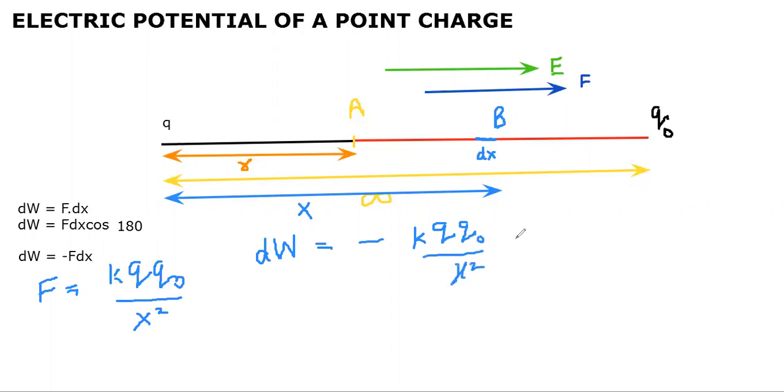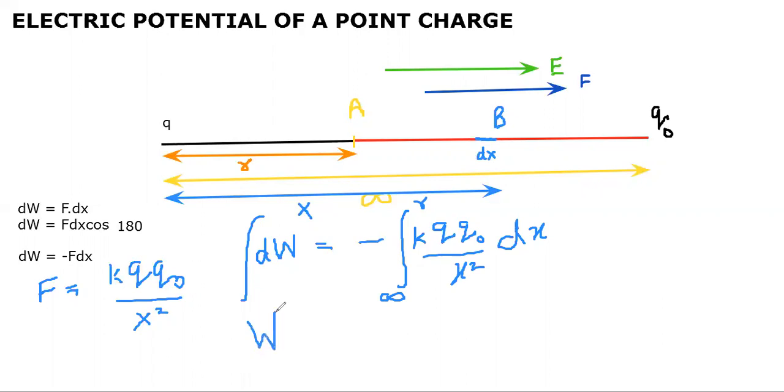into dx. Now you want to calculate work done because you are calculating potential. So you need the value of work done. So to find W from dW, we will integrate on both sides. Now limits. The value of x can vary from infinity, the maximum, to this point A, that is r. So the limit would be from infinity to r. dW becomes W. I'm just integrating.